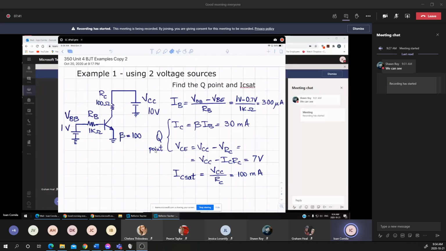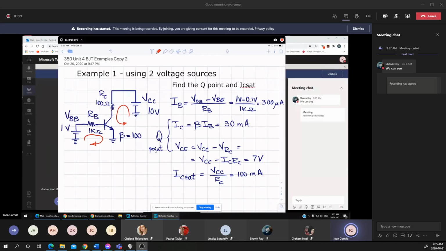Now I will try to use a different color because I'll make some other small drawings that help you to understand how we can approach and solve those circuits. I mentioned that a common emitter, you notice that I'm having the emitter terminal of the transistor as a common terminal in the input, and I'll make the input loop, and the other loop is on the output or on the collector.